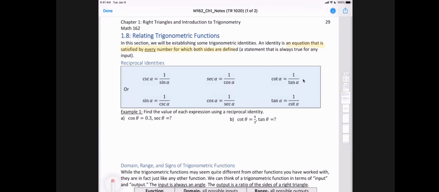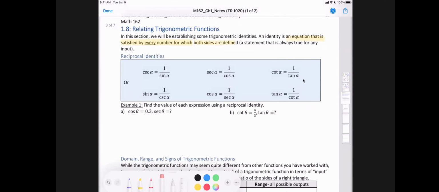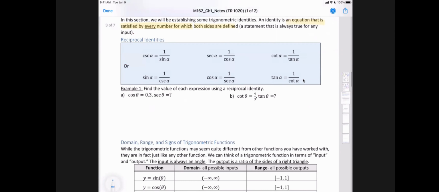All right, so we'll go ahead and try example 1 that uses these reciprocal identities. For A, it says find the value of each expression using the reciprocal identity. So for A, if we know that cosine of theta is 0.3, then what is secant of theta? Well, we know that cosine and secant are reciprocals of each other.